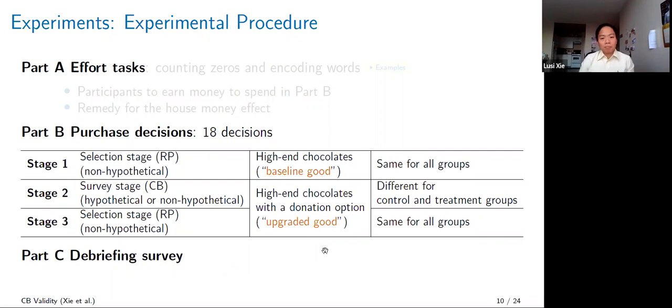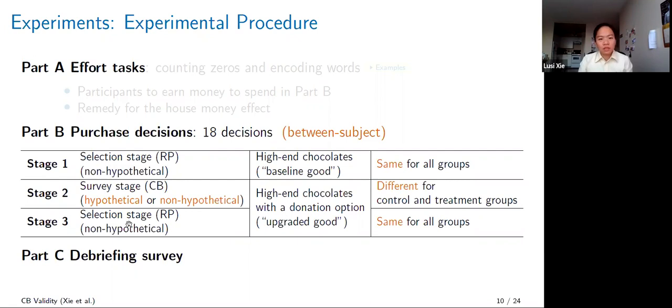That's the best we can do in a lab experiment to mimic something like recreation trips as a private good with a public goods component. And the last part is the design. The within subject design comes into stage 2 that I'm going to talk about in a bit. Control group made non-hypothetical decisions, whereas treatment groups made hypothetical decisions.